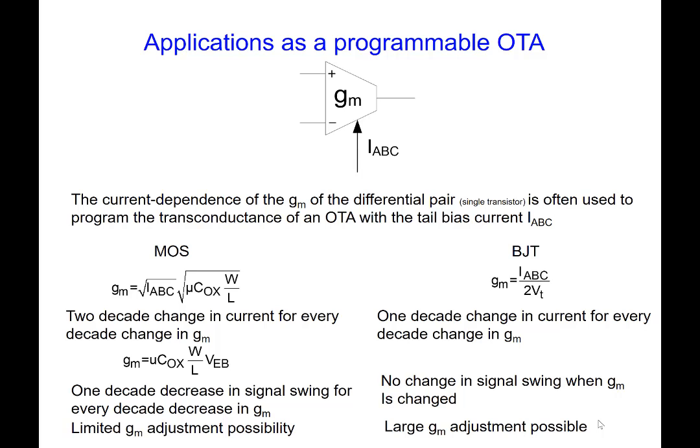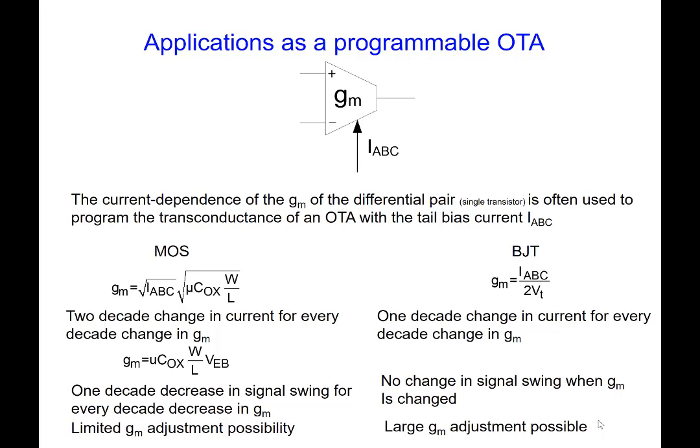So if you want to change the gm of a MOS device by changing the tail current, you're going to change the excess bias, and if you change the excess bias, you're going to change the signal swing. Signal swing was proportional to the excess bias for the MOS device. So 1 decade decrease in signal swing for every decade decrease in gm.